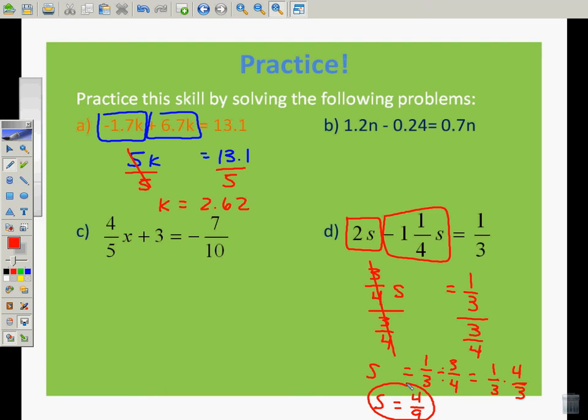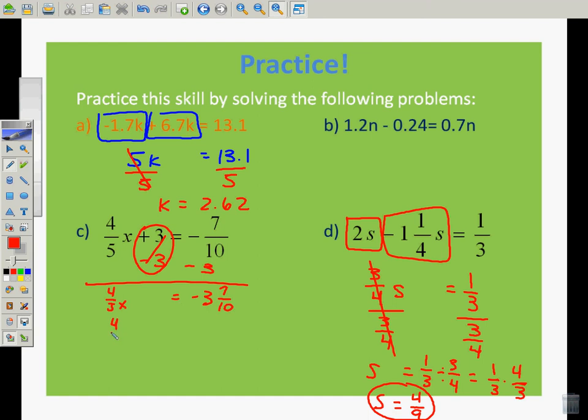A little bit different here. So what I'm going to do is this. I'm going to say to myself, do I have any like terms to combine? I don't. So I'm just going to go straight into it. Now, I need to eliminate the stuff that doesn't have the x, so I'm going to subtract 3 here, and that's a 0 pair. So I've got 4/5 x is equal to, now this is 3 subtracted from -7/10, so it's going to be -3 and 7/10.